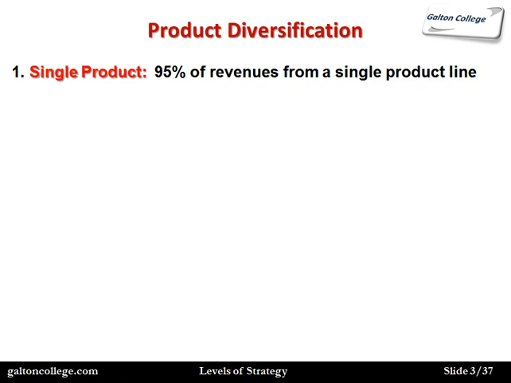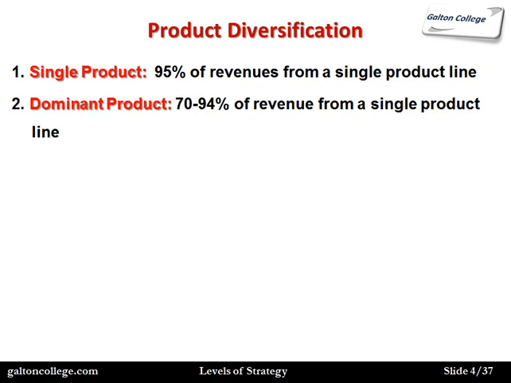It may be that there are a couple of important products, maybe two or three, but we would say that a dominant product would be one, let's say, that produces somewhere between 70 to 94% of the revenue of the business. That would be a dominant product, somewhere above 70%, roughly speaking.